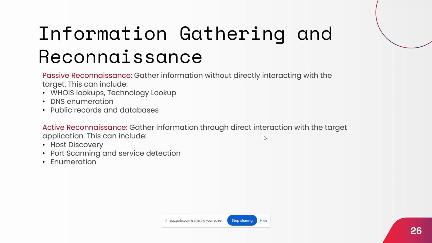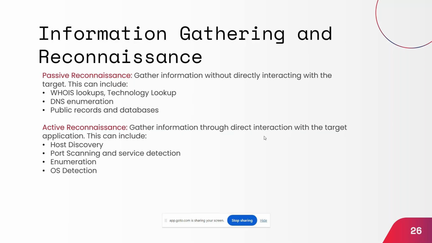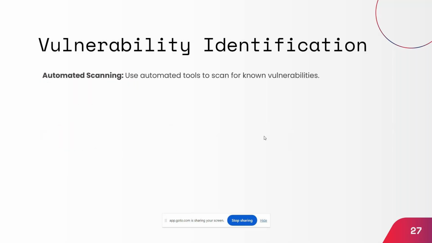Once you do this enumeration, we will also go with OS detection and version detection. You will now have the complete details about the target, right? We take these details and use them to perform vulnerability identification.